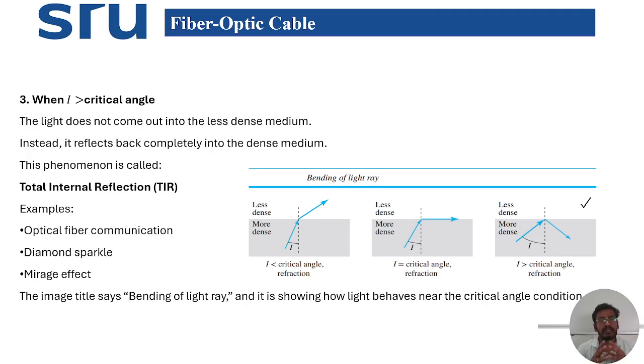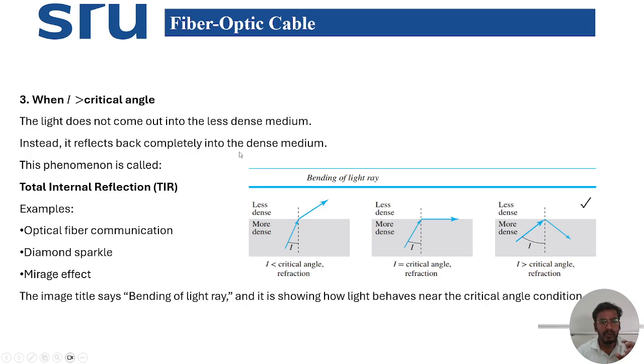Coming to the third case, when I is greater than the critical angle, the light does not come out into the less dense medium.